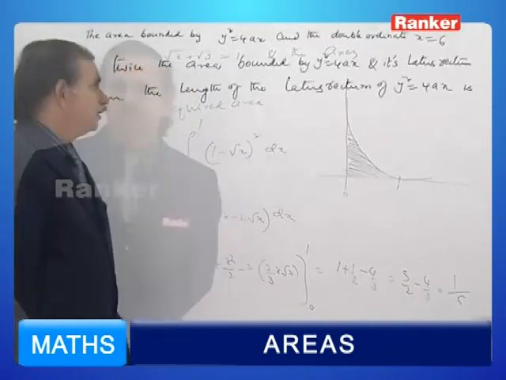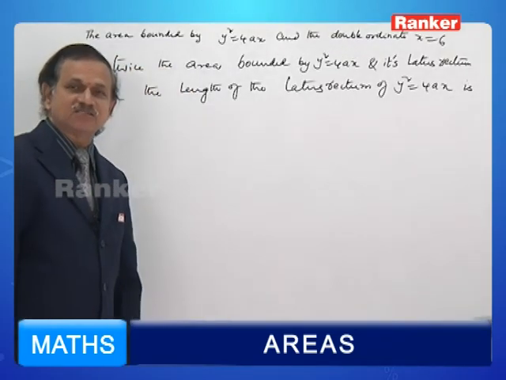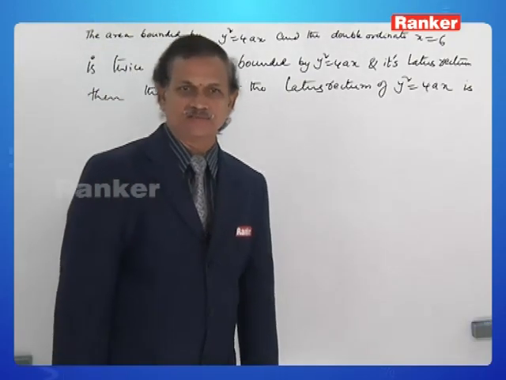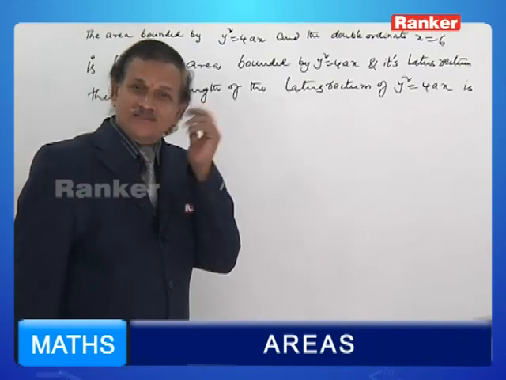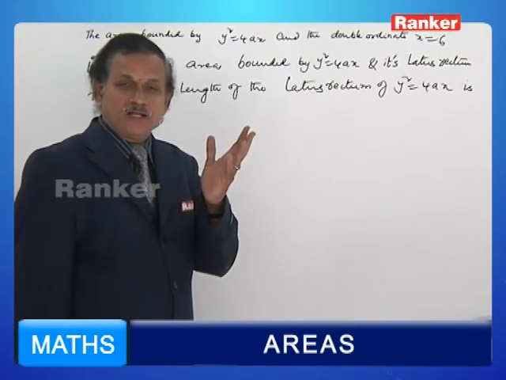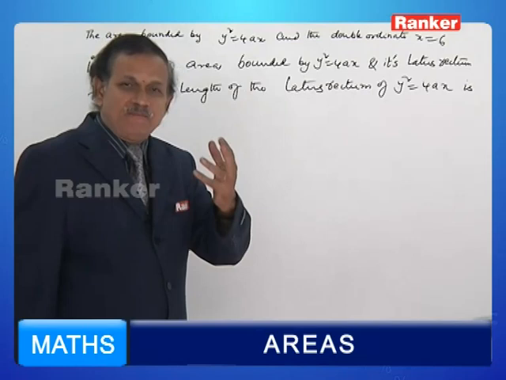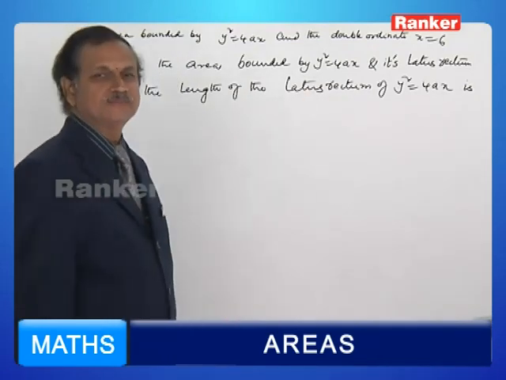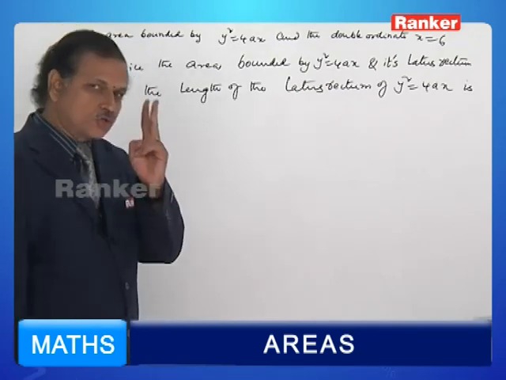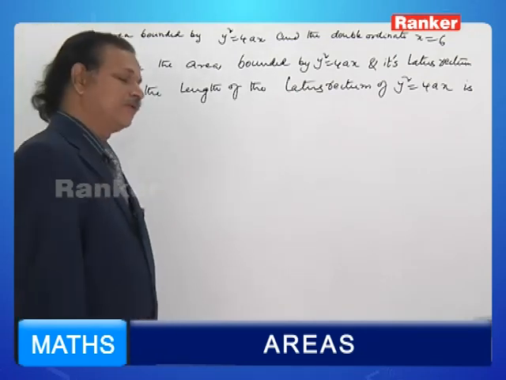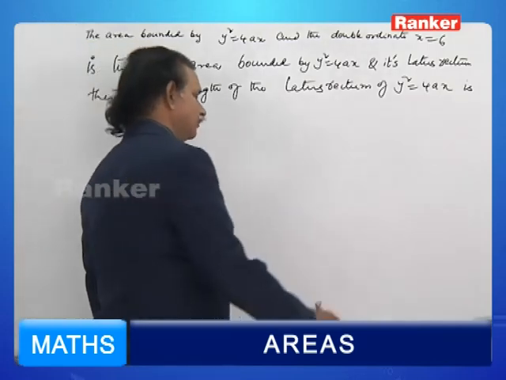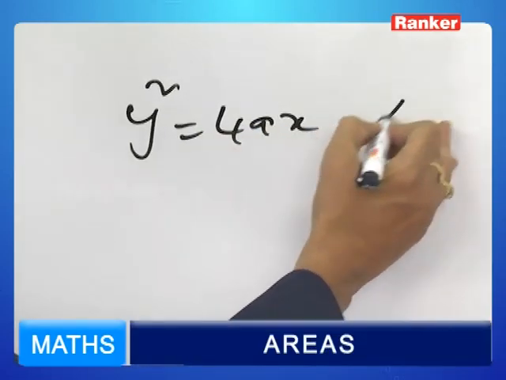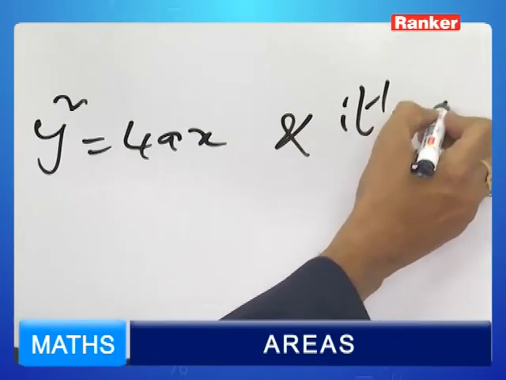Go through that. A lengthier sentence, a lengthier question, but a very, very simple answer. As in this problem, already solved problems which were famous results are to be used. Let us now recall two important results which we could already discuss. One is y square is equal to 4ax and its latus rectum.